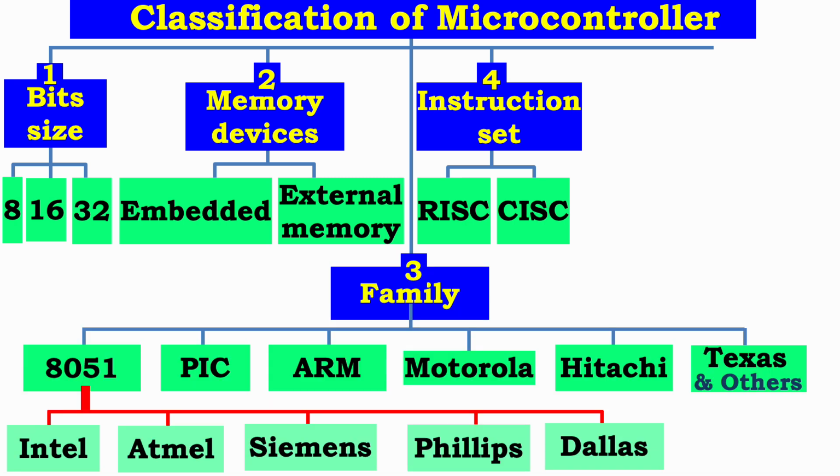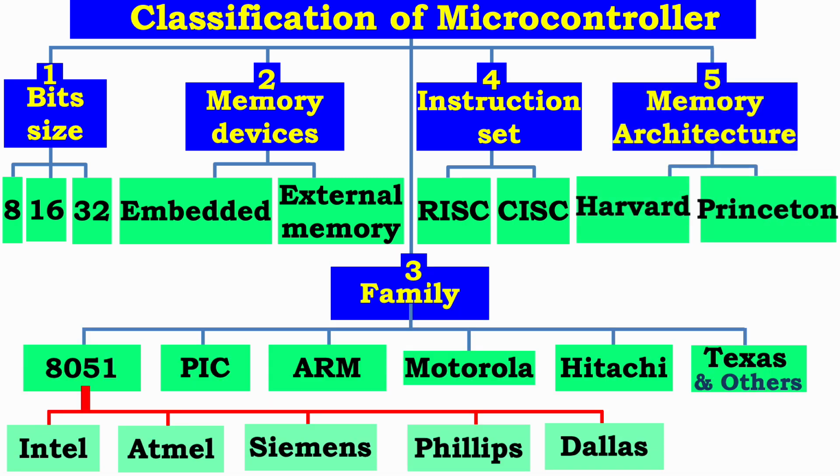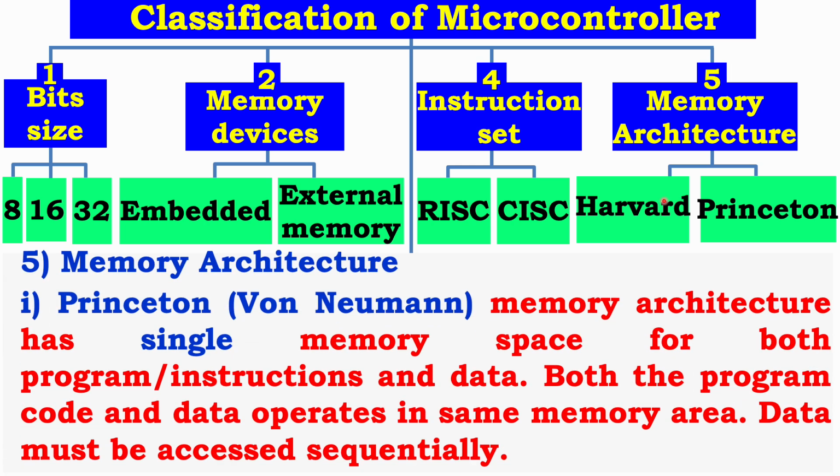Now the last one, fifth. What is the fifth type of classification of microcontrollers? Let us see, it is the memory architecture. This is very important. Last but not least, there are two types of computers. Microcontrollers are classified according to the architecture designed.